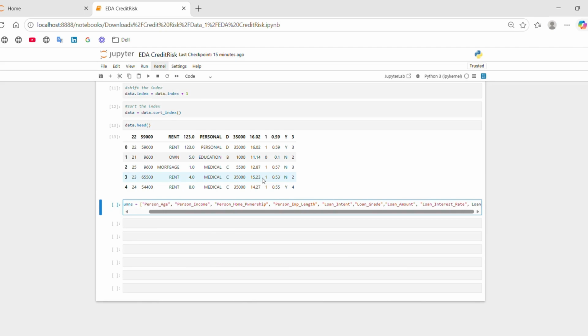What would be next? Next is loan status. Next would be loan personal income.